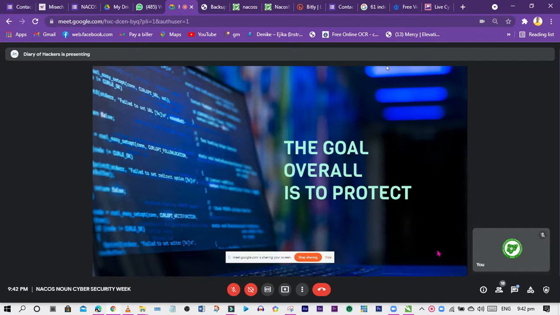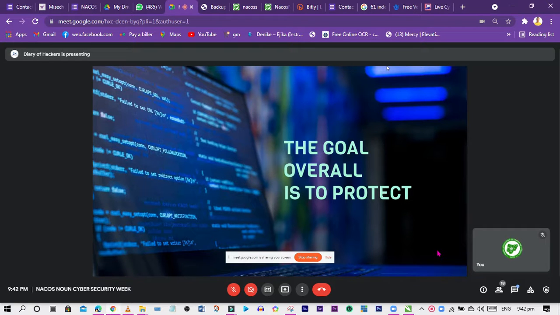So the overall goal of security is to protect. You understand? The overall goal is to protect people, to protect organizations, to protect processes, to protect software, to protect technologies, to protect innovations.